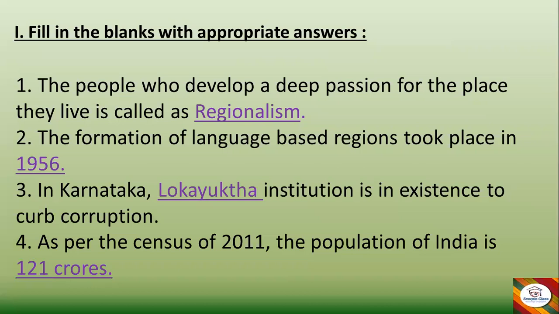Next, in Karnataka, dash institution is in existence to curb corruption. That's Lokayukta. Fourth one, as per the census of 2011, the population of India is dash. It is 121 crores. So these are the fill in the blanks with the right answers.